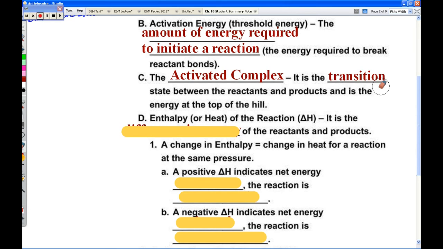And it has the energy at the top of the hill. You'll see the hill when we start getting into the drawing down at the bottom. So when they have the right energy, right angle of attack, that moment of contact is the activated complex.